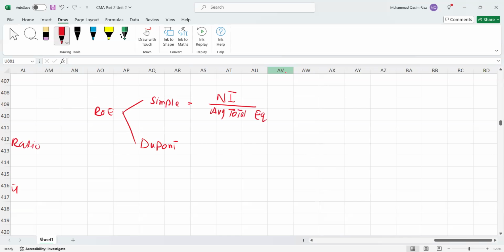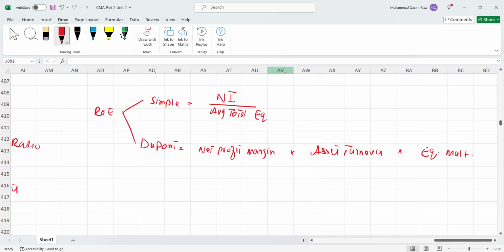But the DuPont version has three components: net profit margin ratio, multiplied by asset turnover ratio, multiplied by equity multiplier.